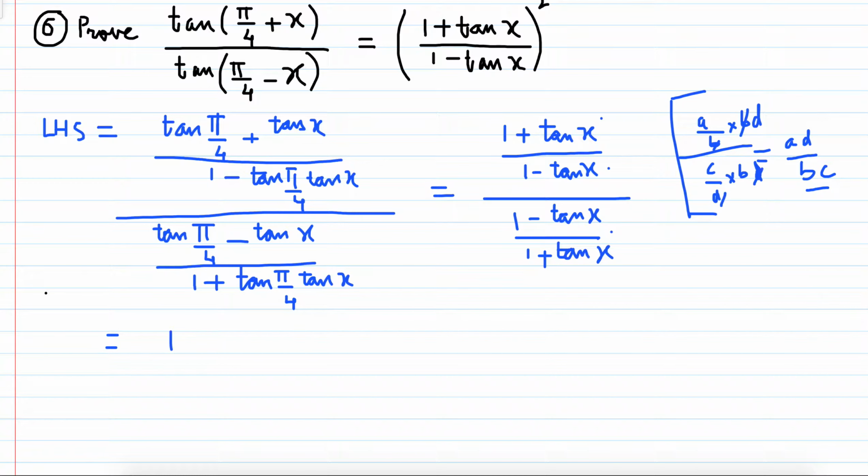So we get A divided by B, and this term goes in the numerator, so it will reverse: 1 plus tan x divided by 1 minus tan x.